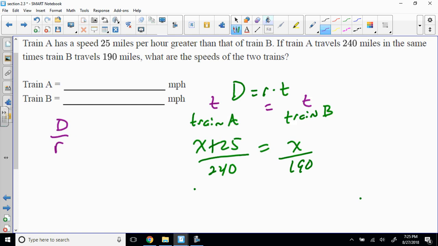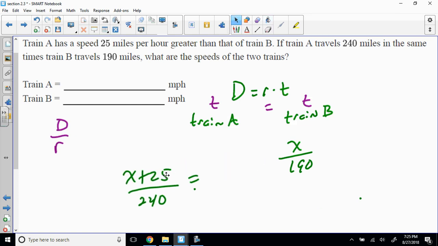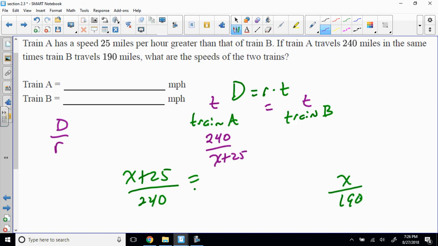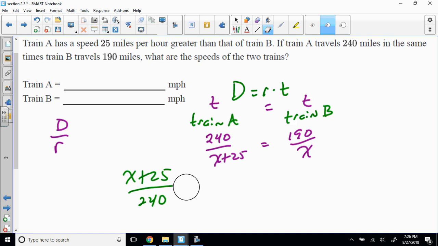So I'll move these out of the way and I'll say 240 over x plus 25 equals 190 over x. My cross products are the same, right? I just didn't have it solved in terms of the right variable.